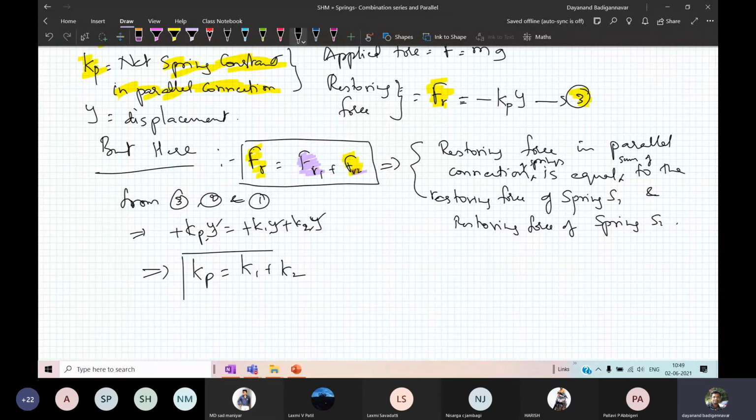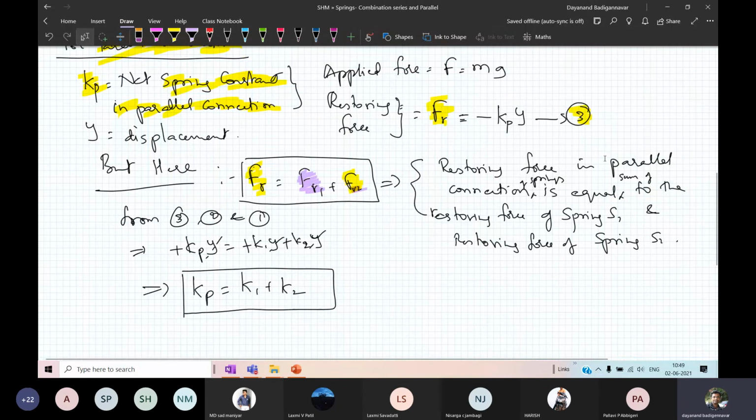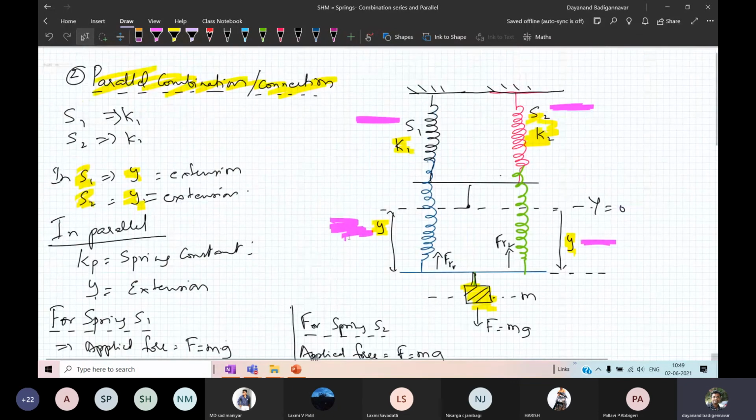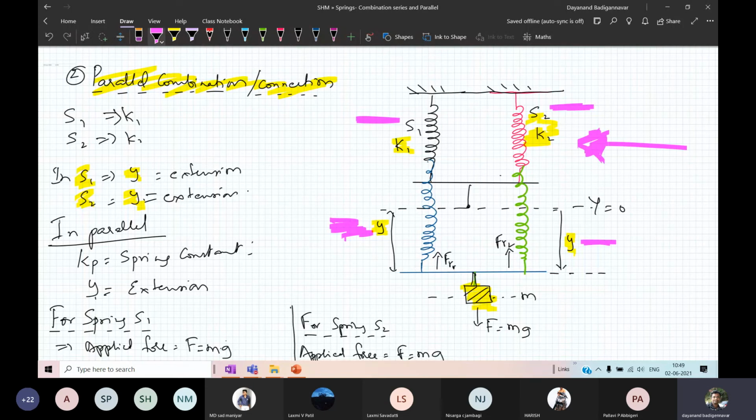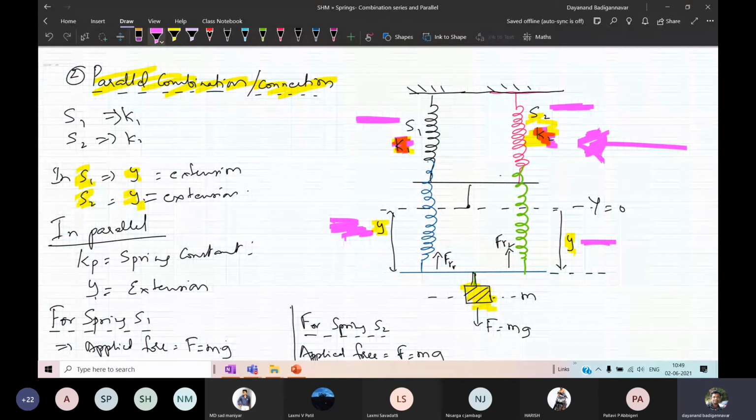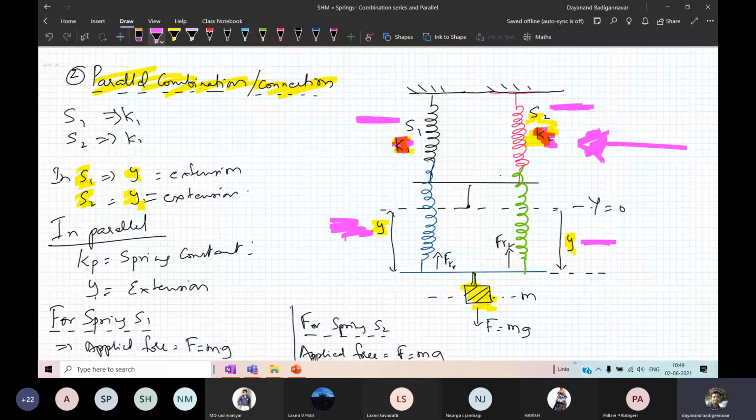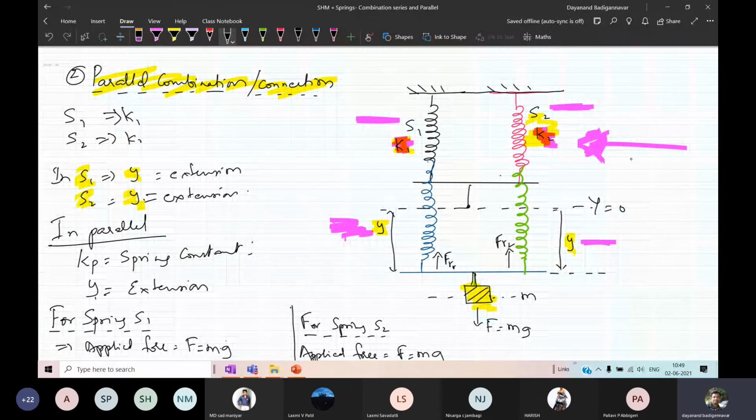spring constant. So if I have two springs connected in parallel like this, with spring constant K1 and spring constant K2, then I can replace them with a single spring whose spring constant is Kp, such that Kp is K1 plus K2.